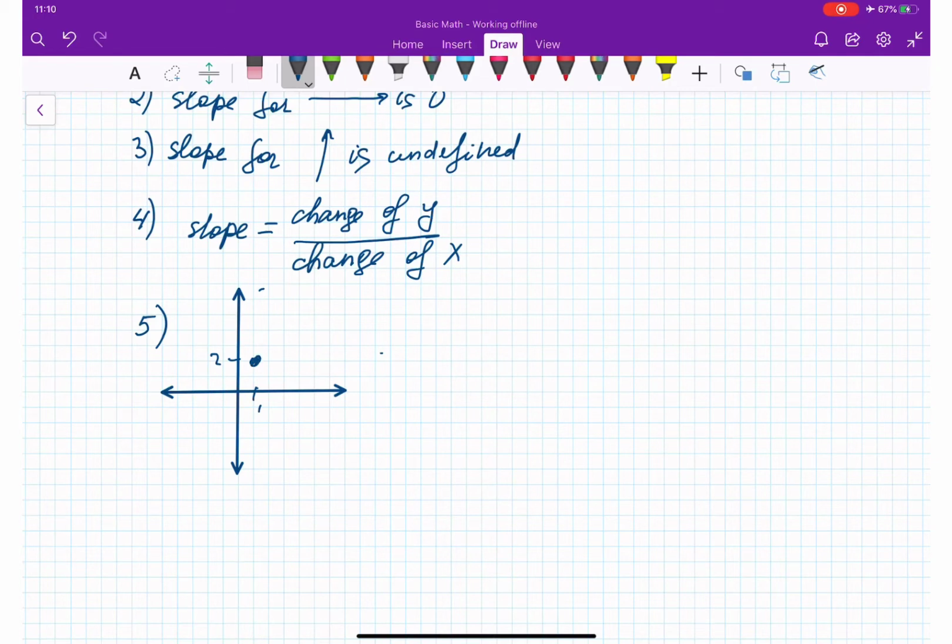So this point is 1 and 2. And the other point is 1 and negative 2. Negative 1, negative 2, negative 1. And this is negative 2. So this is the negative 1, negative 2 point. Okay, connecting the line.